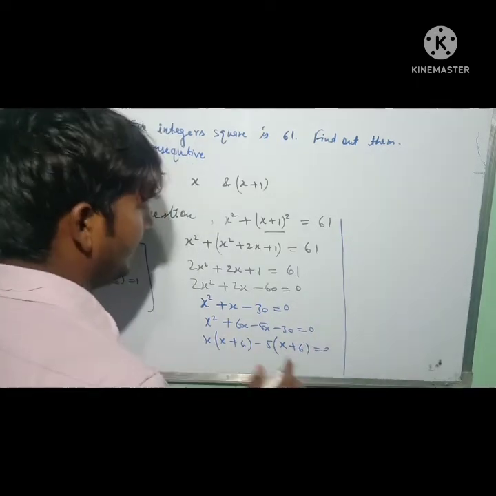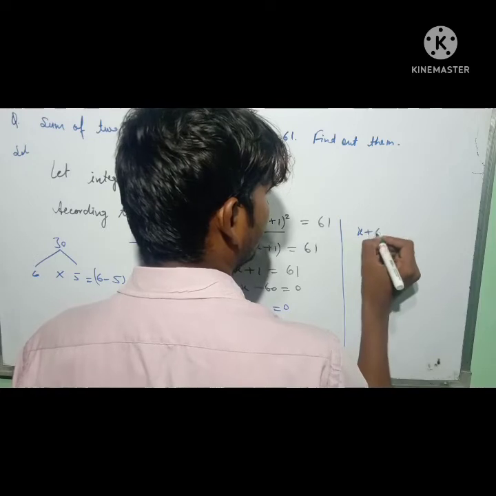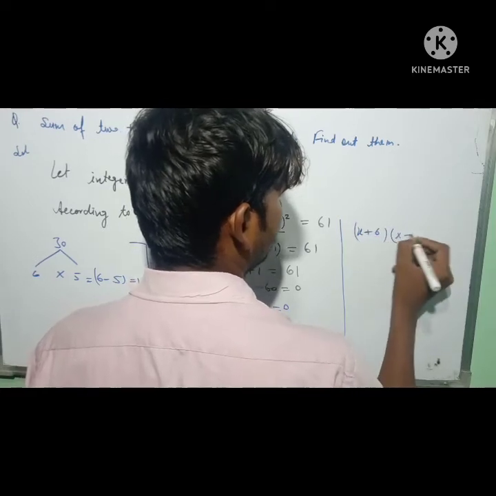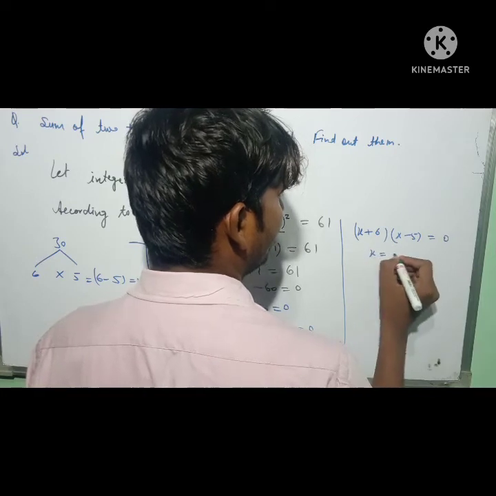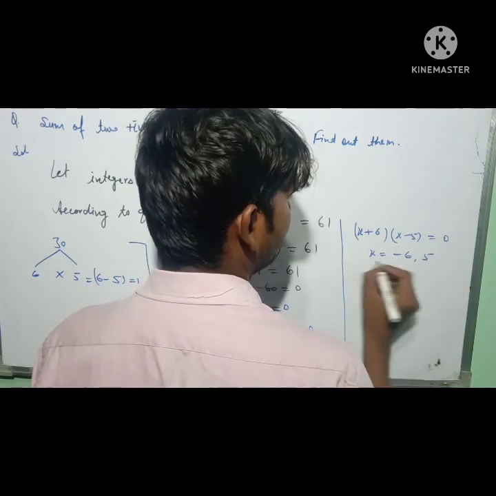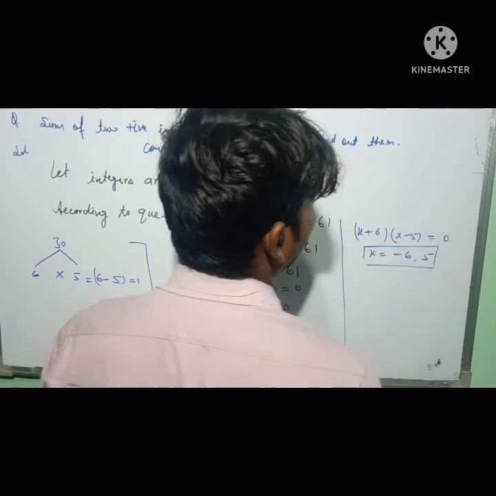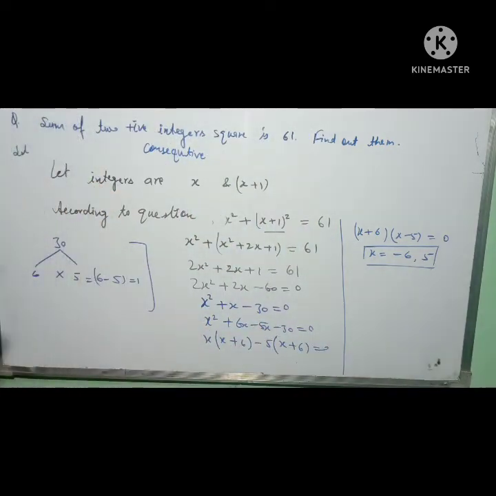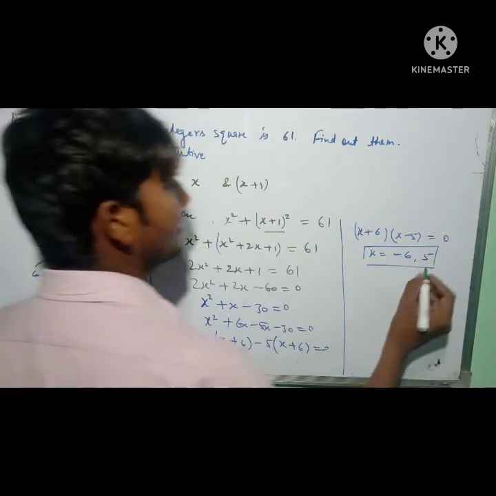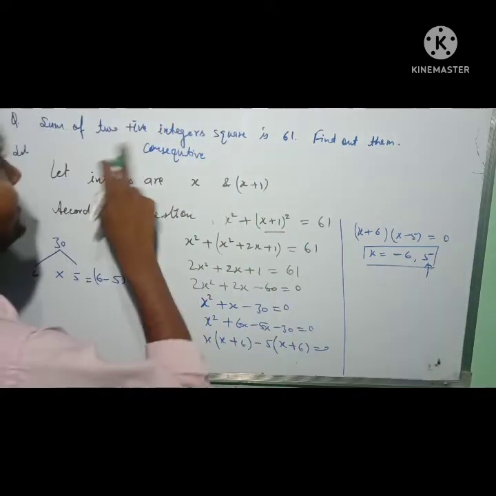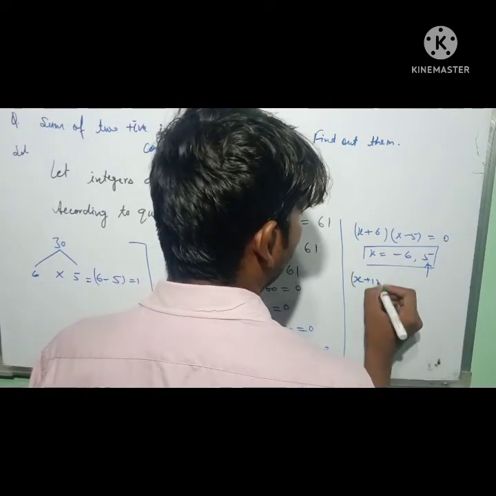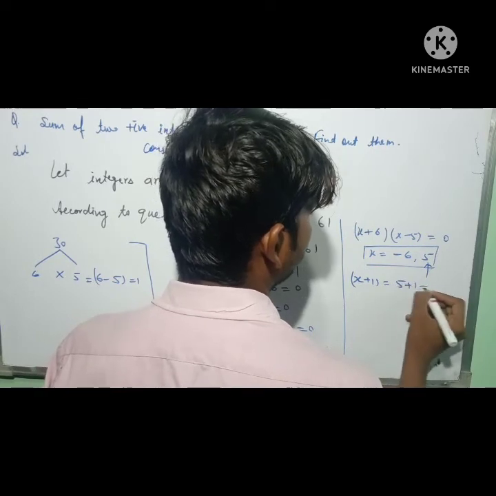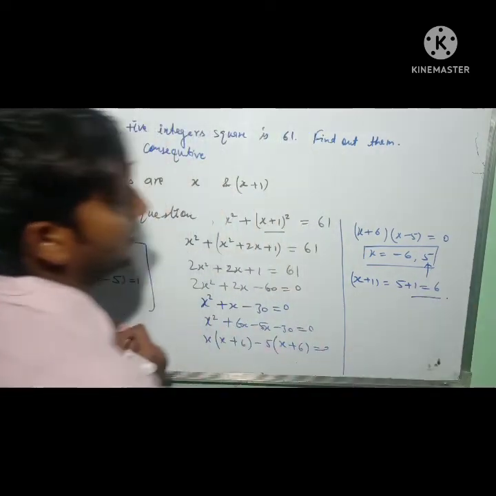And finally, x plus 6 into x minus 5 is equal to 0. It will give x is minus 6 or 5. So obviously 5 would be its answer because we have positive integers. So x plus 1 would be equal to 5 plus 1 is equal to 6. These are two answers.